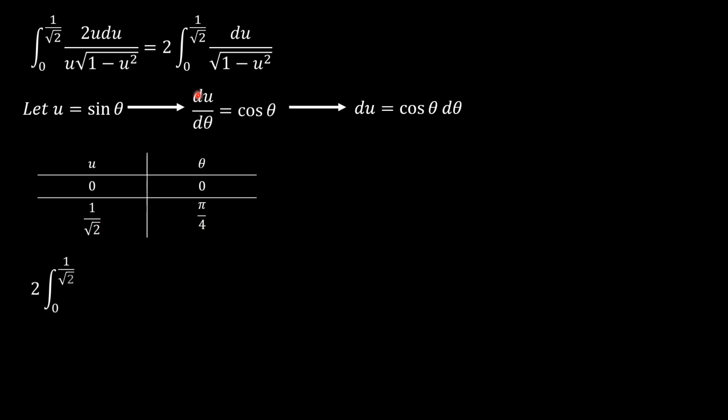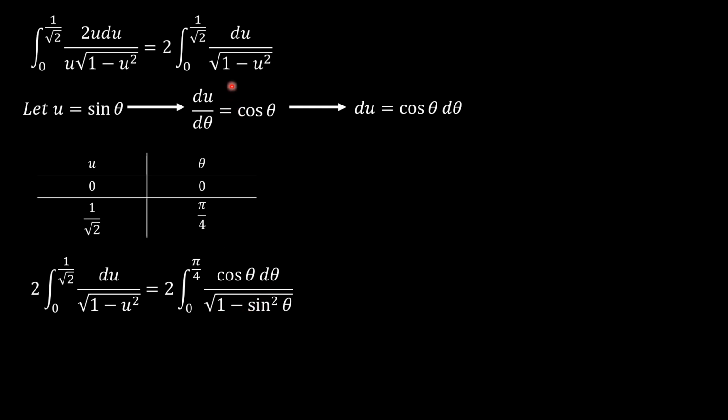So the 2 that we pulled out now becomes a constant, and now we have the integral from theta equals 0 to theta equals pi over 4 of, in place of du we have cosine theta d theta, and the square root of 1 minus u squared is the square root of 1 minus sine squared theta, which is the same as the square root of cosine squared theta, which is the same as cosine theta.